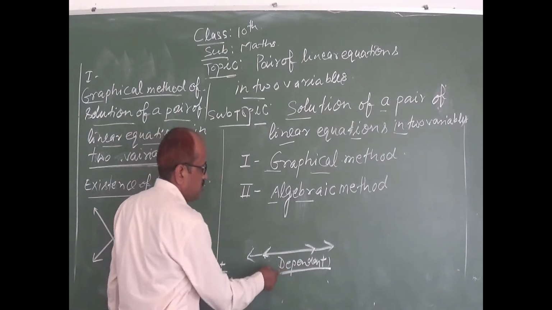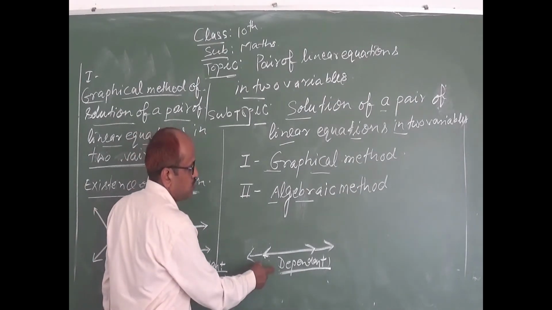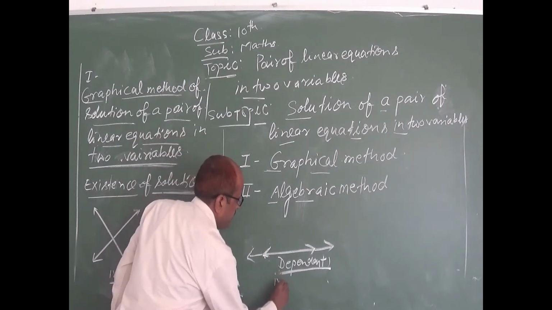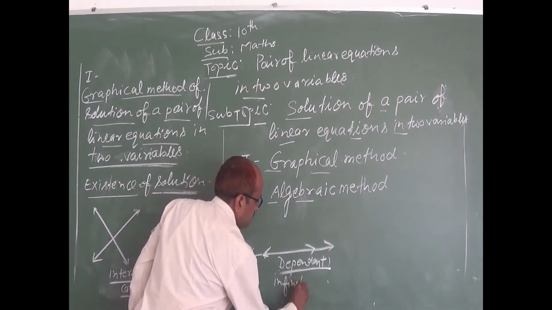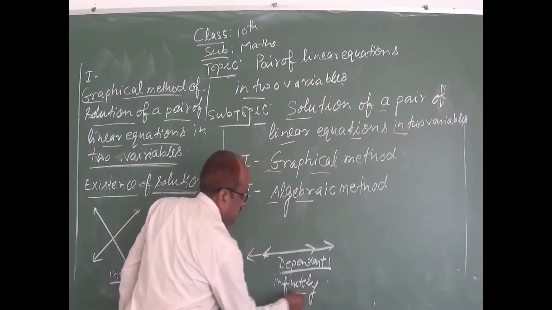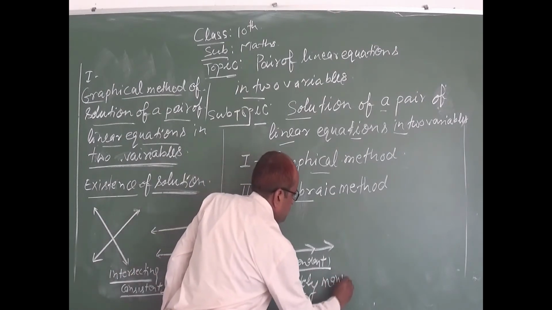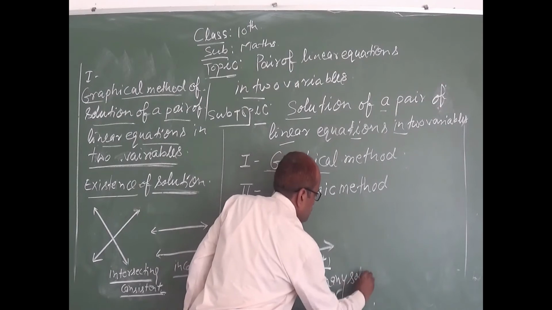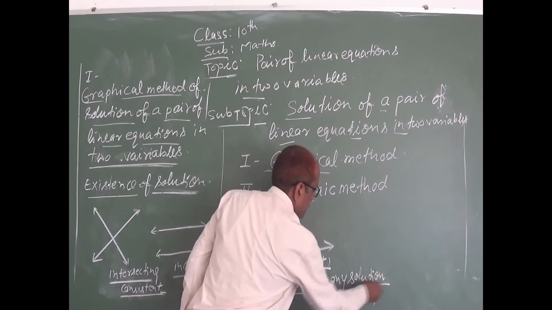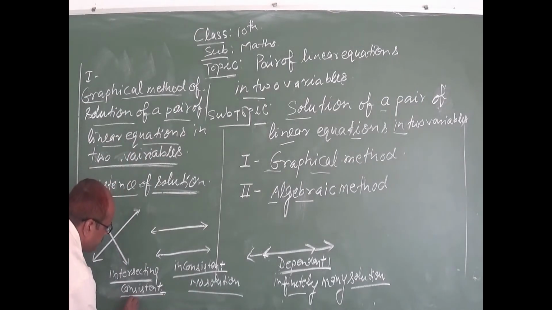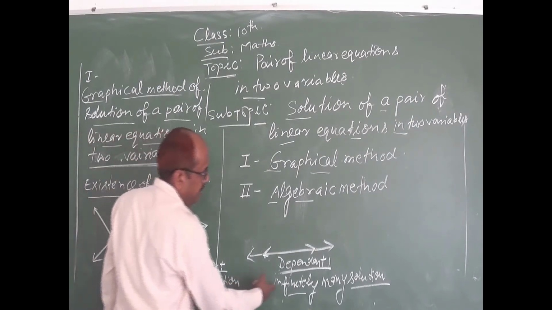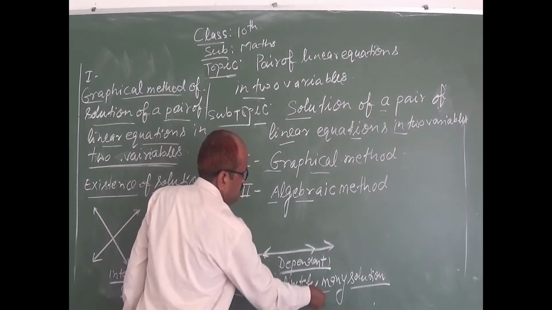This is also a type of consistent. It has infinitely many solutions. Infinitely many solutions. And here is no solution. Here is a unique solution. It has a unique solution, it has no solution, and here there are infinitely many solutions.